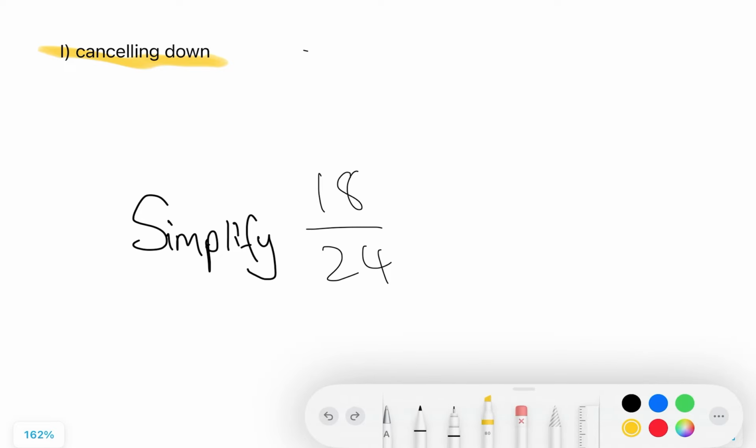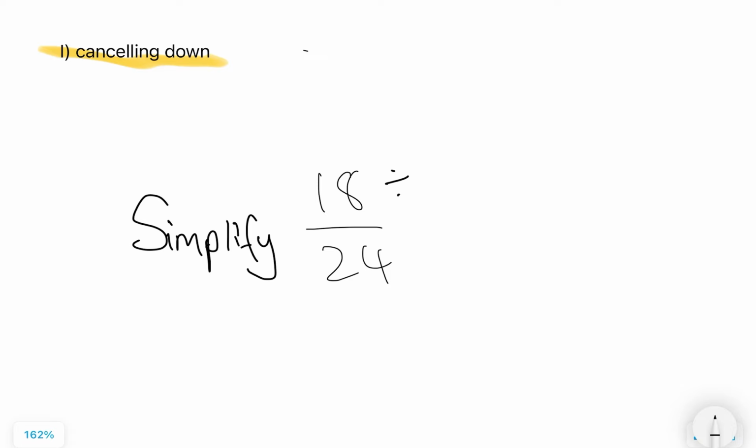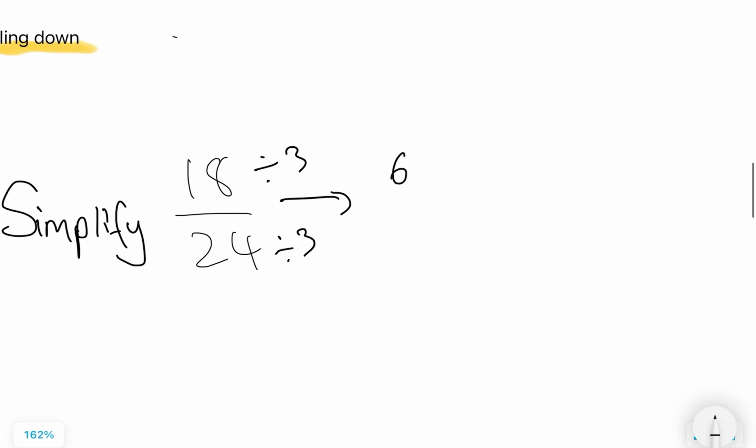So for this question that we have been given, the fraction that we need to simplify is 18 over 24. Well, both of these numbers are divisible by 3. So 18 divided by 3, that's 6. 24 divided by 3, well, that's 8. And that leaves us with 6 over 8. But 6 over 8 are both divisible by the number 2.